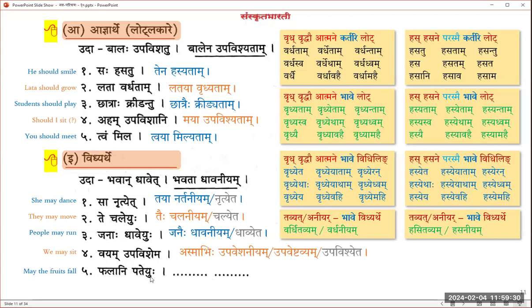Phalani Pateyuhu. Falaihi Patitavyam. Palaihi Pataniyam. And Patyeta. Something like that. Correct. So Palaihi Pataniyam, Patitavyam, Patyeta. So this is the form. So the aniyar and tavyat is very convenient here for vidhiling switch. Okay. All right.